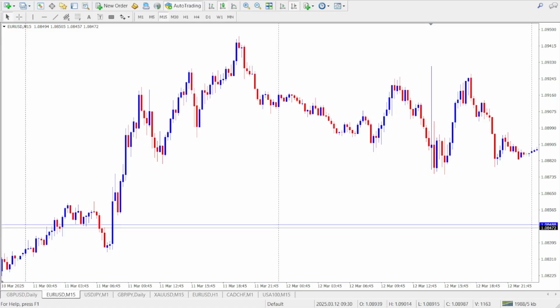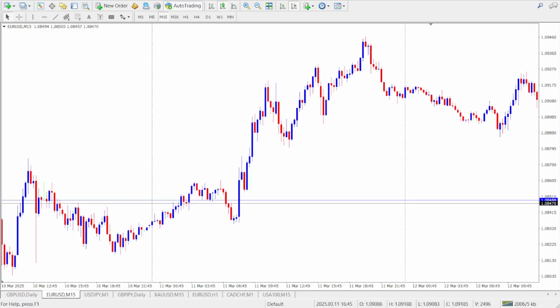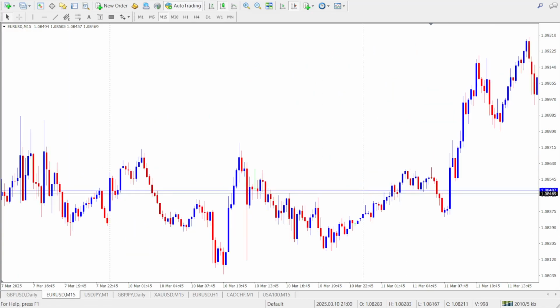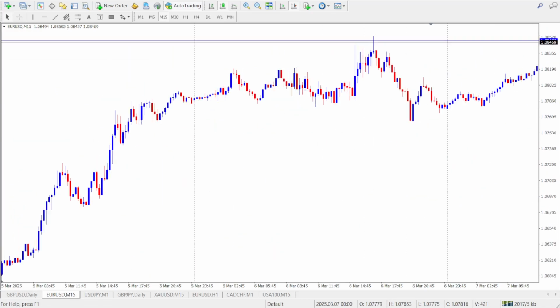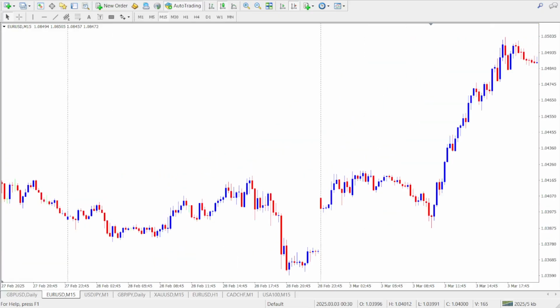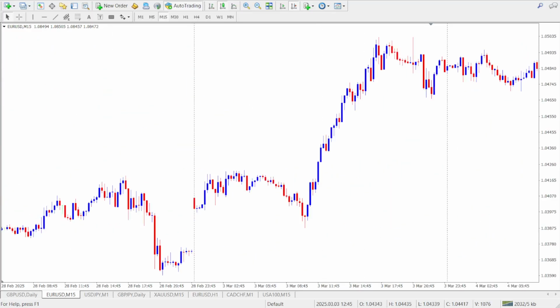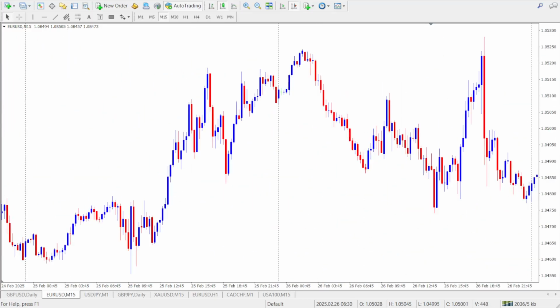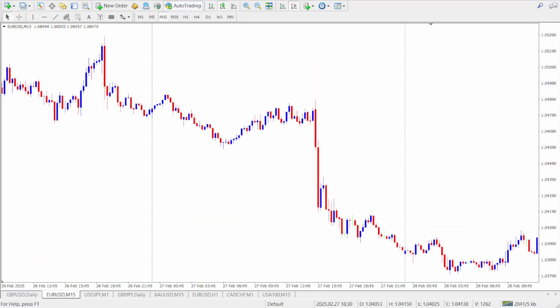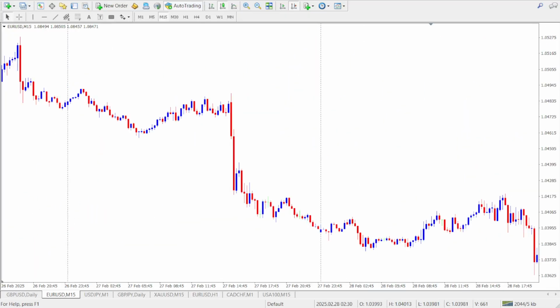An imbalance occurs when there is a strong one-sided move in the market with very little opposition. This usually happens because of institutional trading, where large orders get executed, leaving behind price inefficiencies.